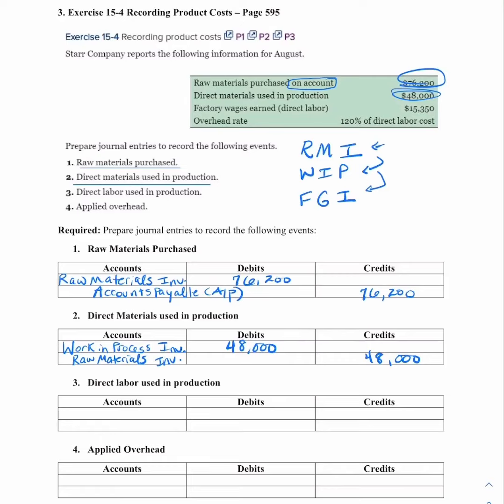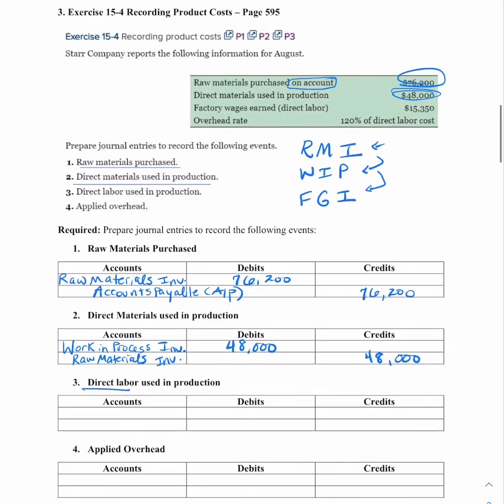Well, we're not going to use something like direct labor inventory because that doesn't make sense, right? You can't store labor. So we're going to have to rethink what we're going to use here. But it's actually pretty straightforward. Since this was direct labor, then it is part of that work in process. These are the people with their hands on the goods actually transforming those raw materials to those finished goods.